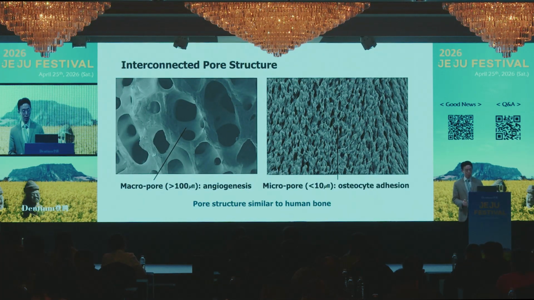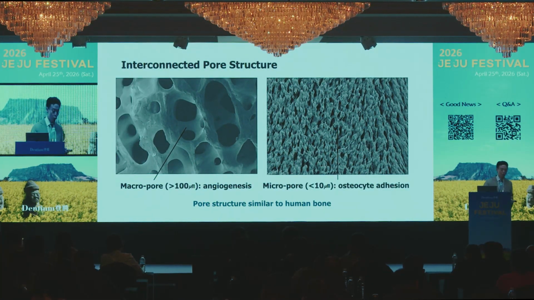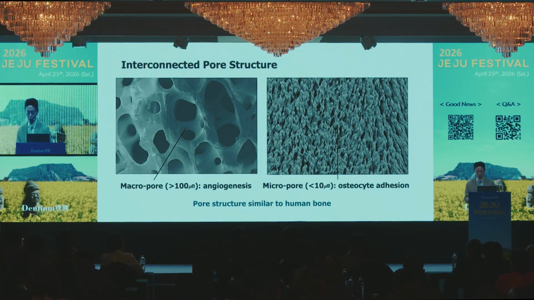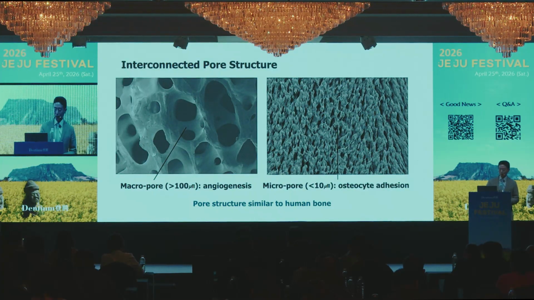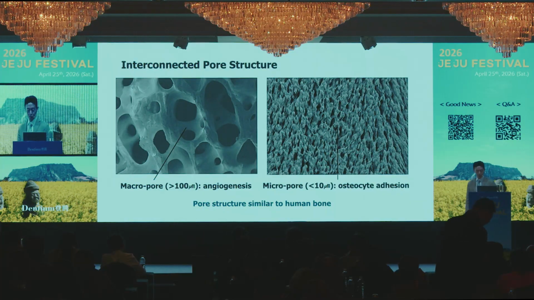The interconnected pore size is very important. The pore structure is very important. Macropores larger than 100 micrometers induce angiogenesis. Pores less than 10 micrometers facilitate osteocyte adhesion to promote bone regeneration.